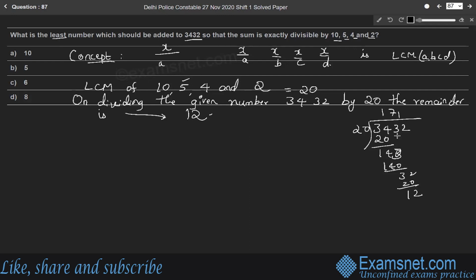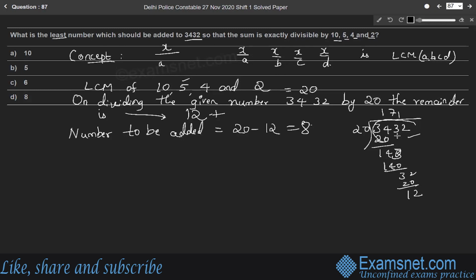So in order to get the complete number which is divisible by 20, we have to add some number to the remainder. What is that number? So number to be added is 20 minus the remainder, that is 8.